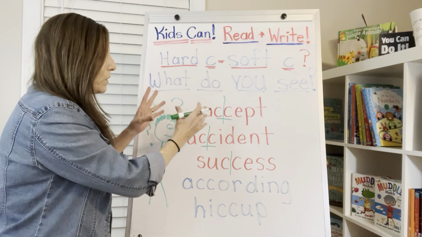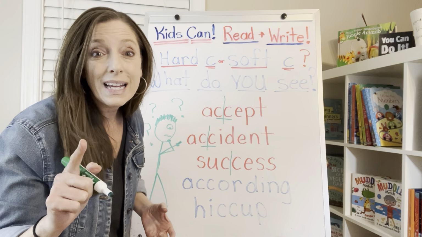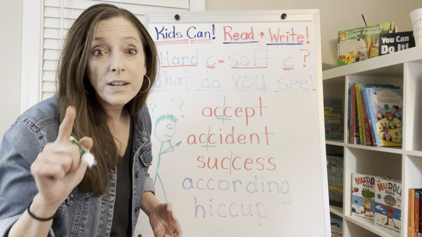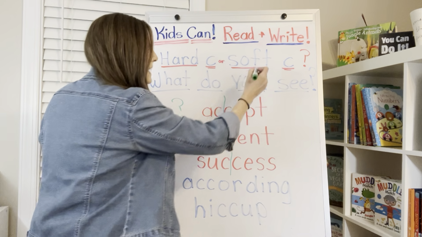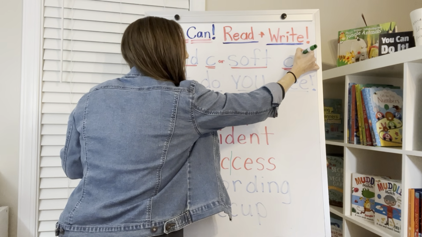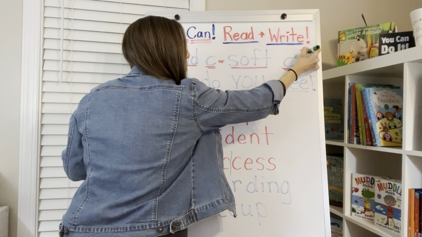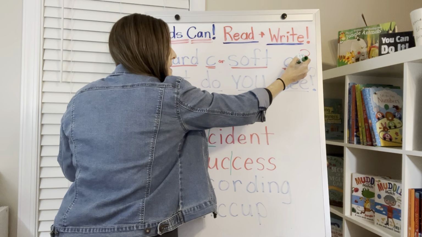Now with C's, there's a special rule to figure out whether it's making the hard sound K or the soft sound S. And here's how you can tell. If a C has an E, I, or a Y after it. So see the C's arms here?